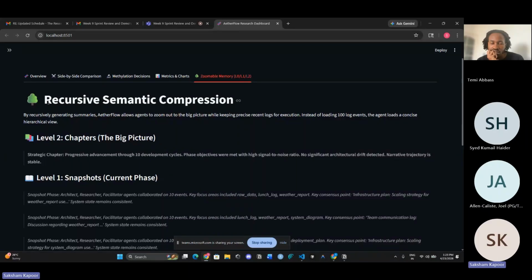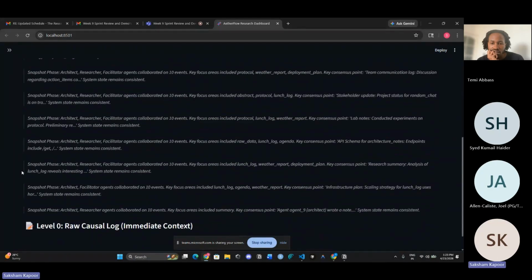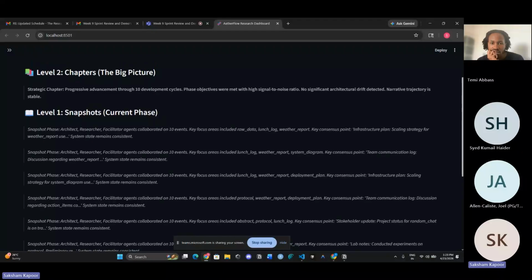So what I've started implementing, and here is an example of that, is, first of all, we have just a raw causal log of exactly everything that's happened. And then after every 10 events, we have an L1 snapshot, which is sharing a current phase. That actually follows the biology of the human mind, because we as humans take in every small detail, but we don't remember everything.